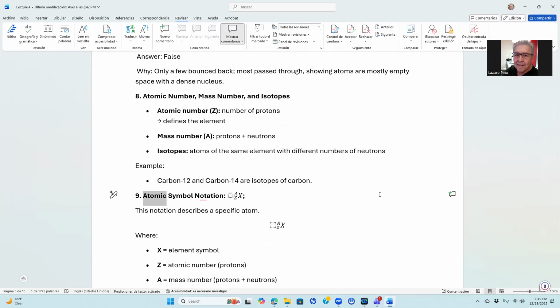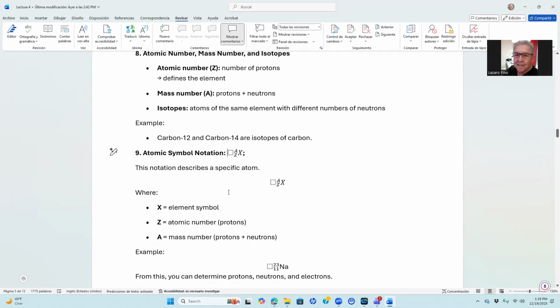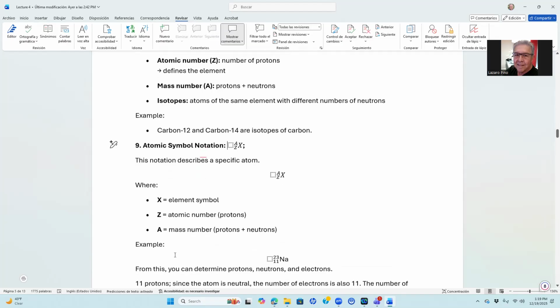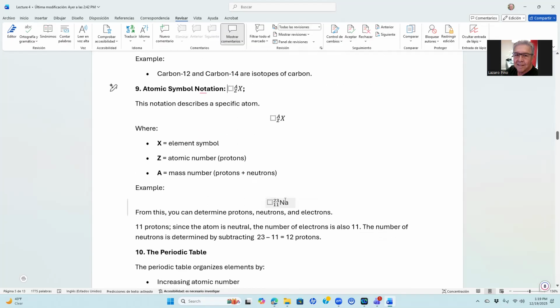9. Atomic symbol notation. X represents the symbol of the element, Z is the atomic number or the number of protons, and A is the mass number, that is the protons plus the neutrons in the atom. For example, in sodium, the atomic number is 11.